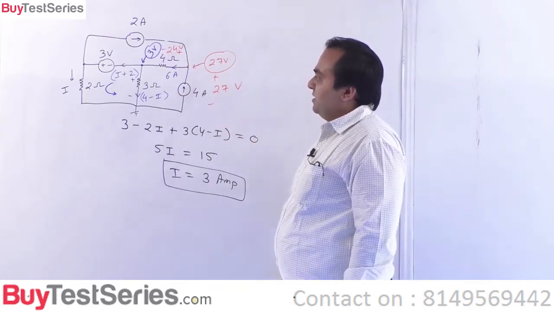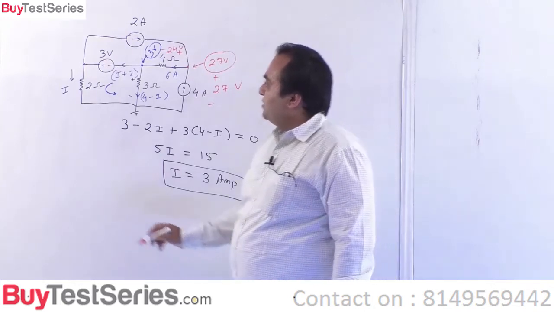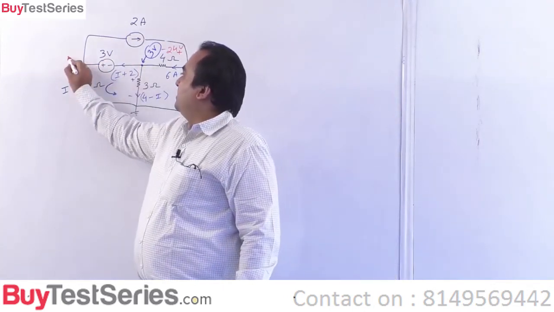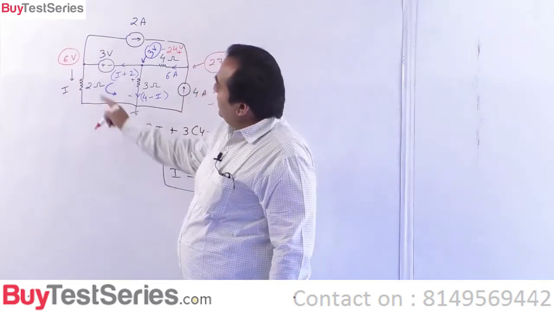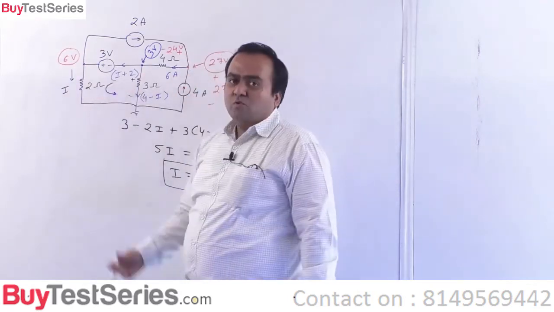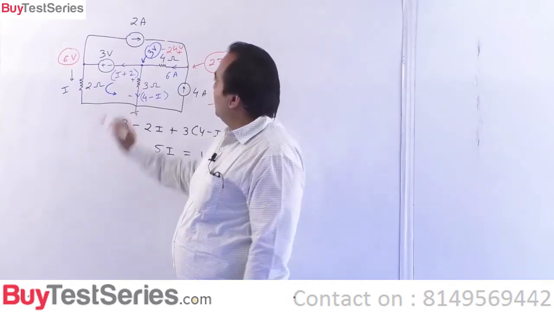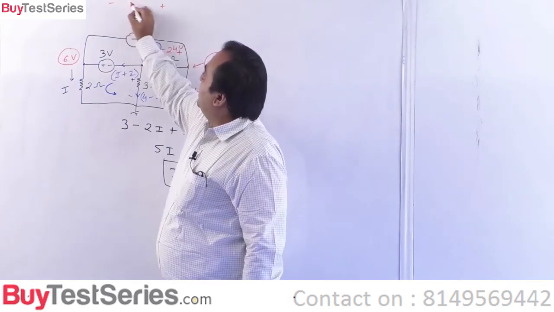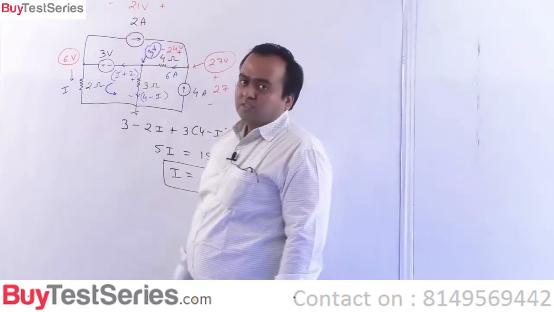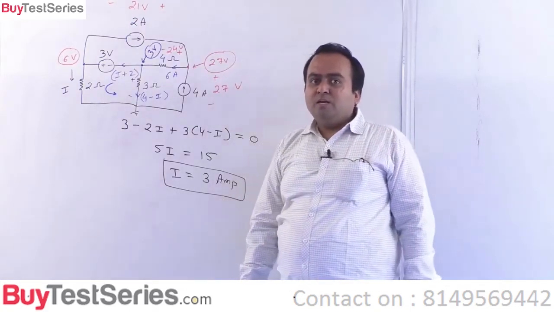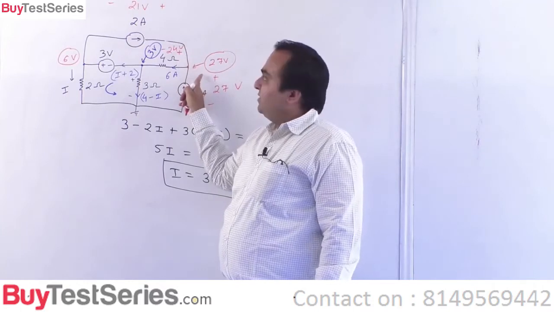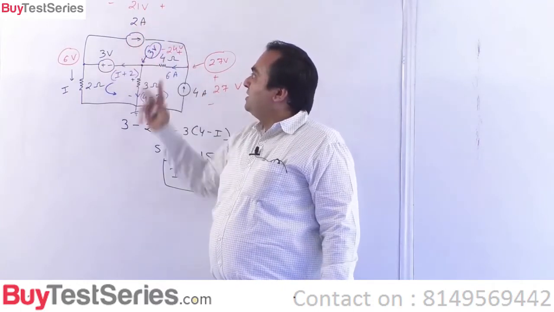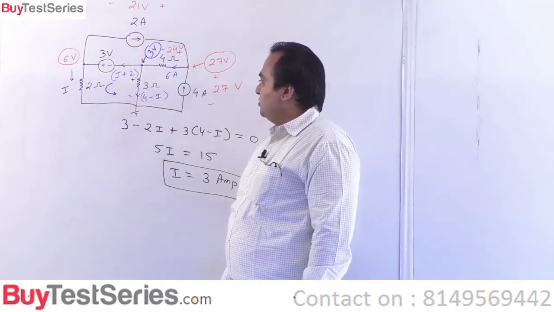So this is 27 volts. Since this is 3, this must be 6 volts. Now it is 6 volt, it is 27 volts, a difference of 21 volts. So this has to be 21 volts, plus on the side which is on the higher side, 27. So 21 volts is directly across this current source.